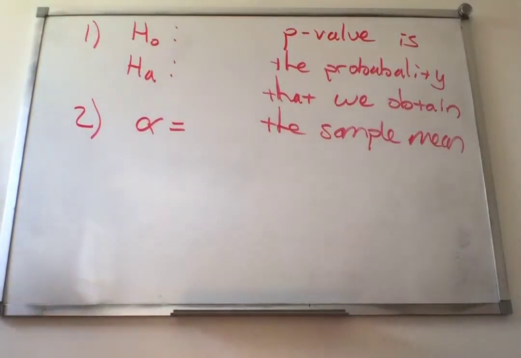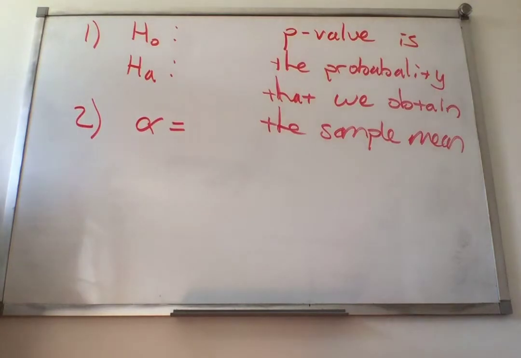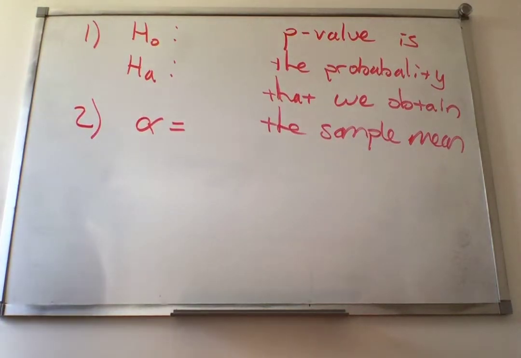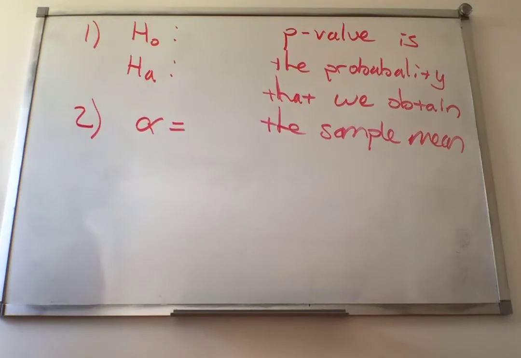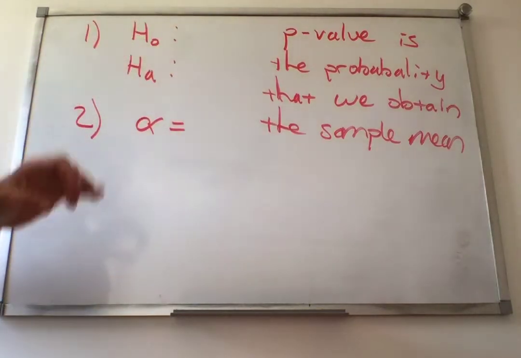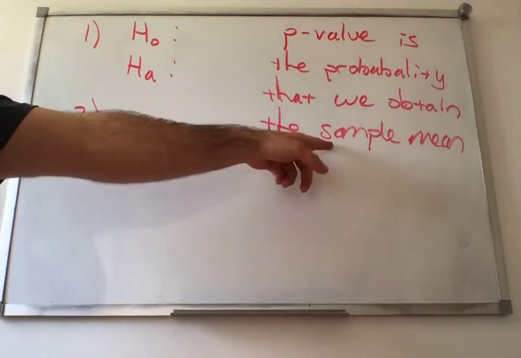Okay, this relates back to chapter 7 when we talked about the central limit theorem. So what we're going to do is we have a claim about the population parameter, and to test that claim, we go collect sample data. From that sample data, since we're talking about the sample mean, the population mean, we need to find the sample mean.